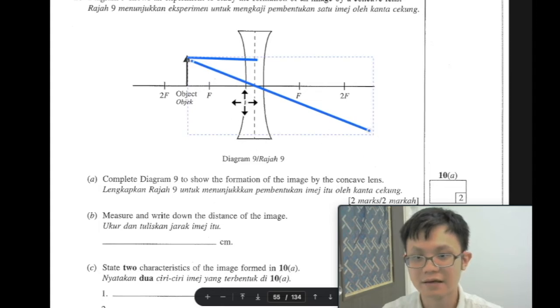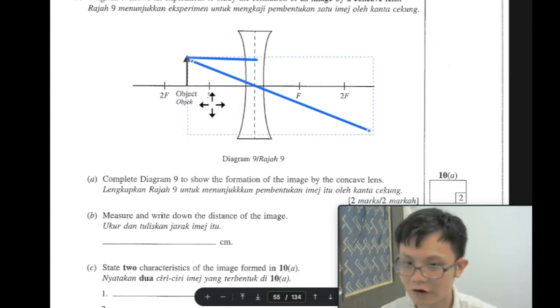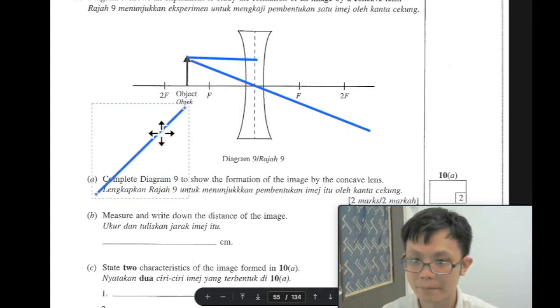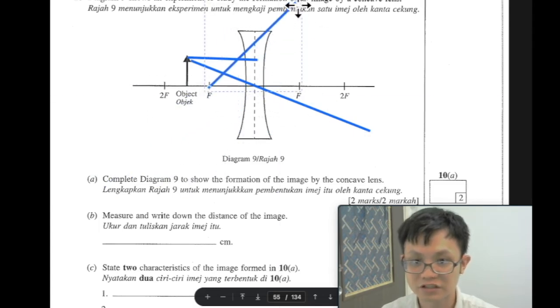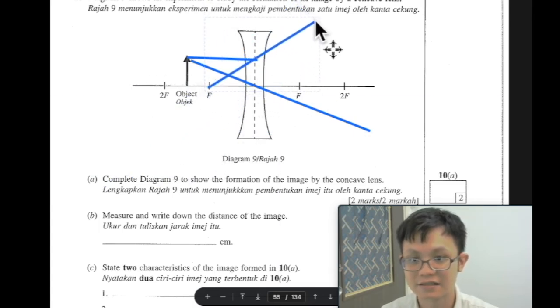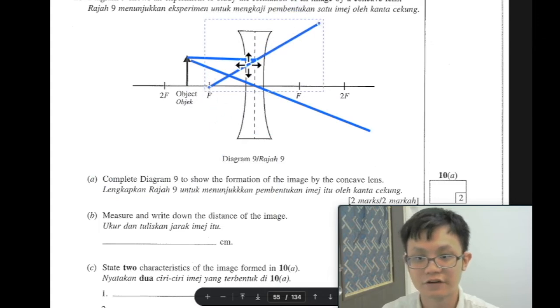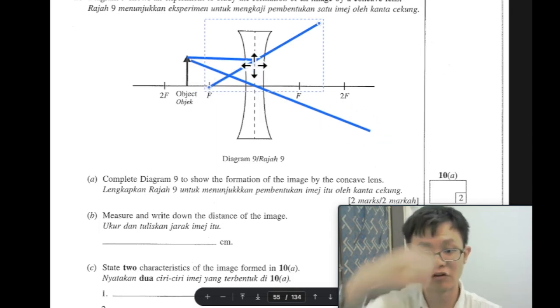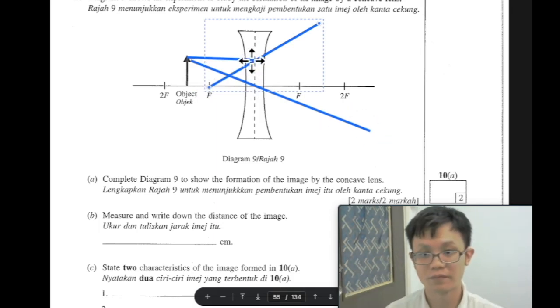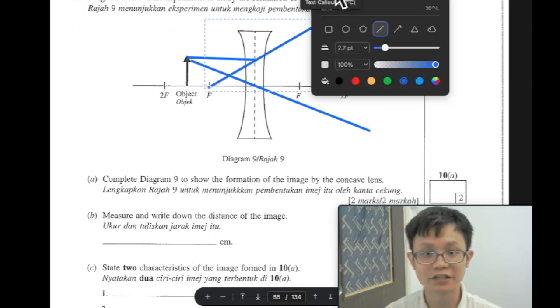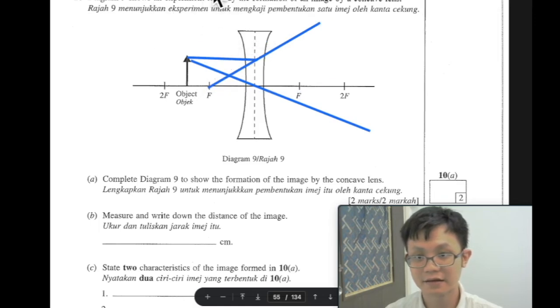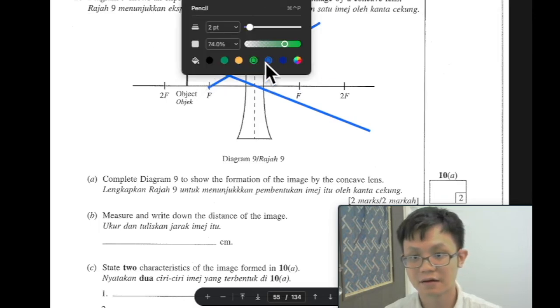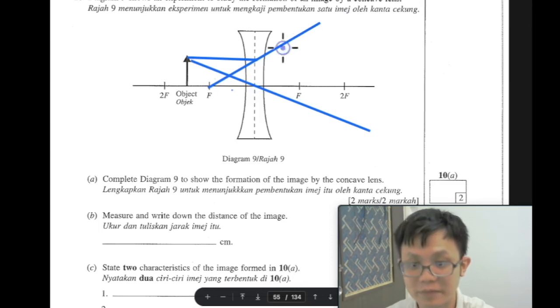Step 3, it goes from here to here, touching here. That is the difference. Step 1, step 2 touch the line, step 3 actually goes behind from this part to the F. So the image will be here.